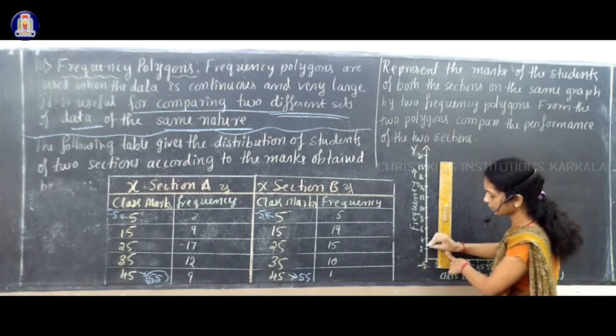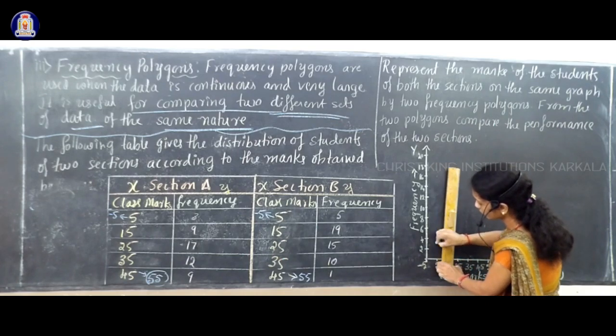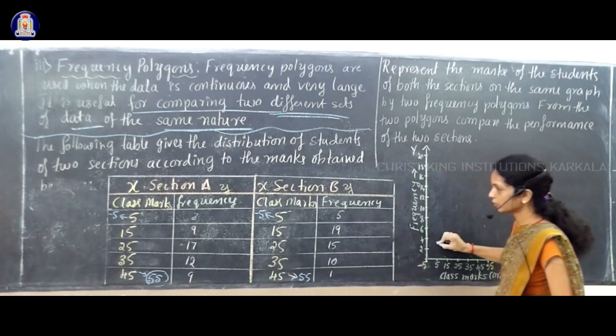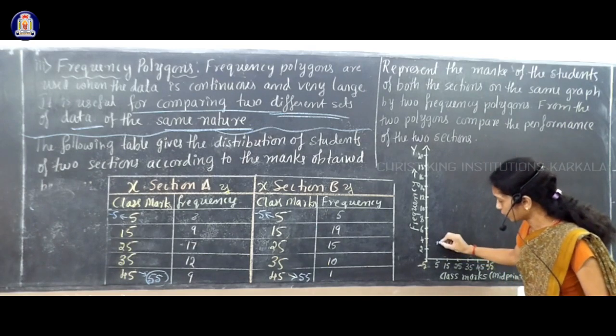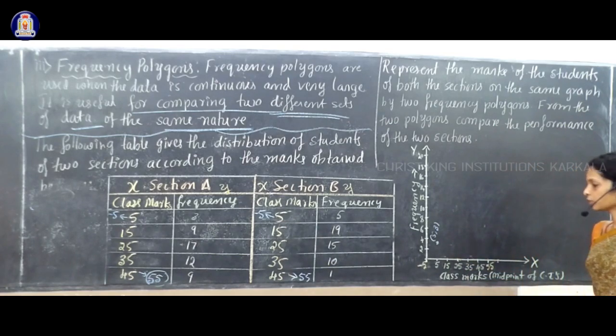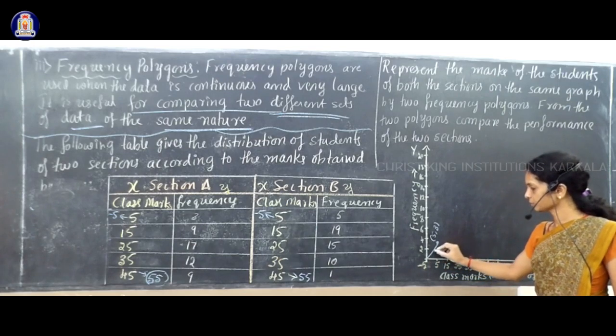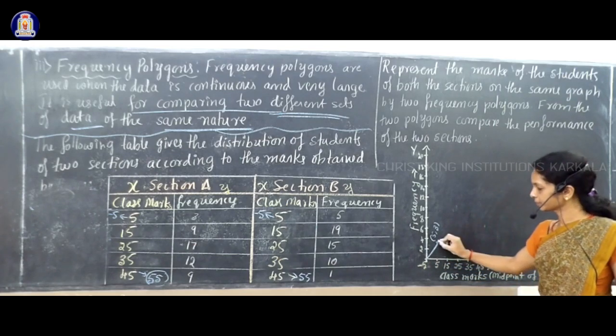There is 3 exactly between 2 and 4, so here you mark. At 5 we moved up to 3, so this is the point (5, 3). Mark it like this, and immediately join it with the origin.